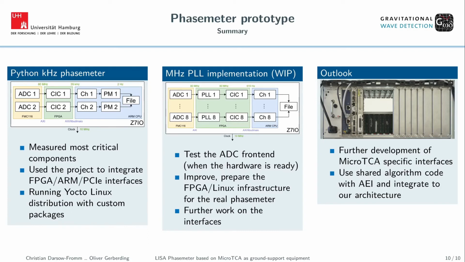We have a running Linux distribution on that, and so there was a bunch of side developing while doing this kilohertz Phasemeter. So the current thing is the Megahertz PLL, which should be used to test the ADC front end. And it is further used to improve our infrastructure and to get more steps towards the real Phasemeter.